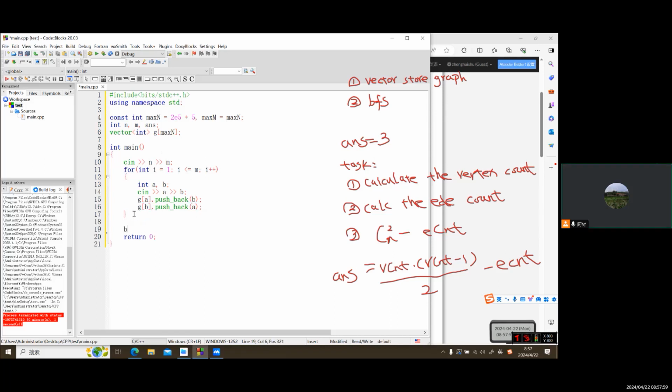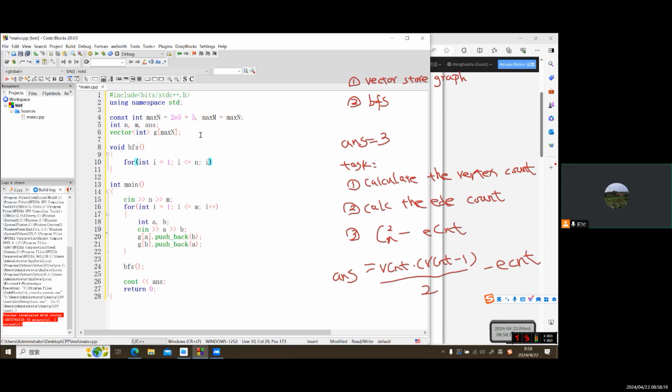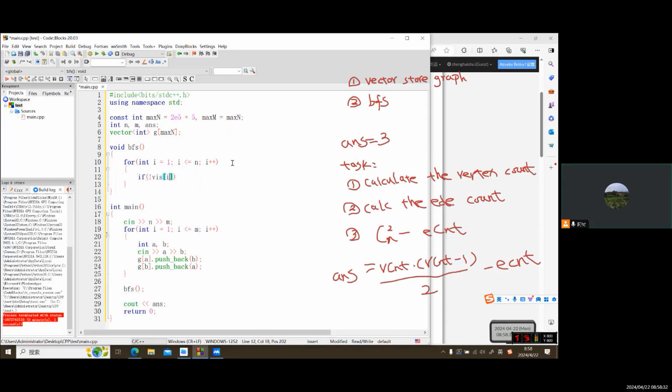Okay. Then we BFS and finally output the answer. So we need to define a BFS function. Here we traverse the vertices, if the vertex is not visited.